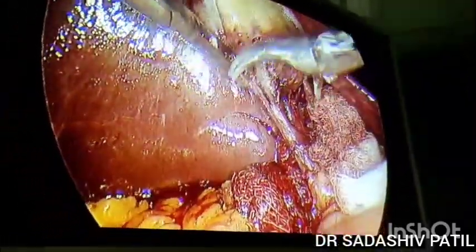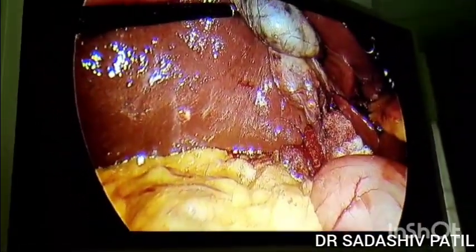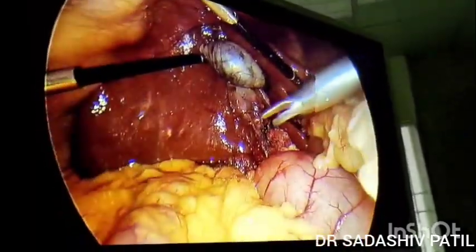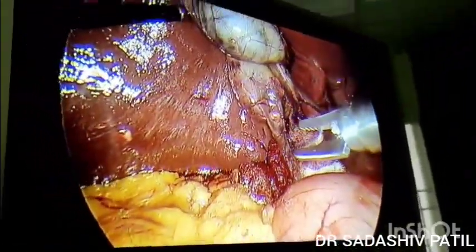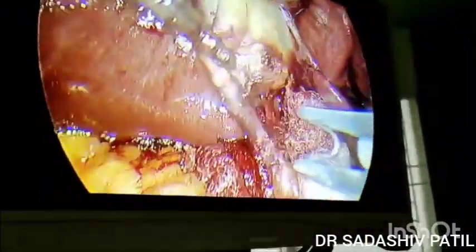2 clips were applied towards the patient side. 1 clip was applied towards the specimen side. The cystic duct was cut distal to the second clip.